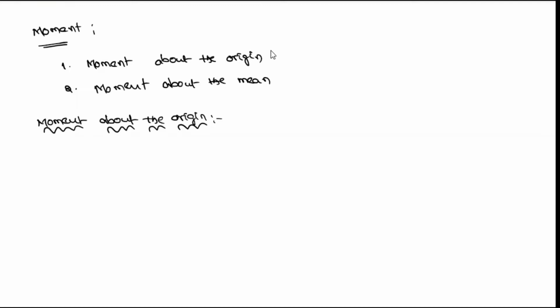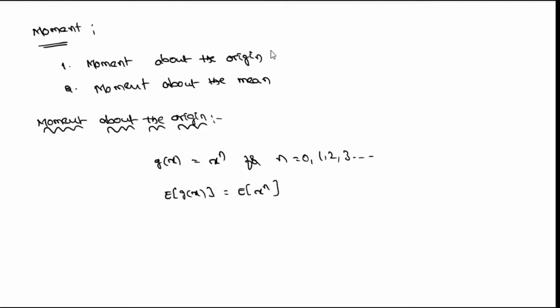For this I am taking one function, simply g of x, which is given by x to the power of n for different values of n. So here the moment about the origin is simply the expected value of g of x, which is the expected value of x to the power of n.